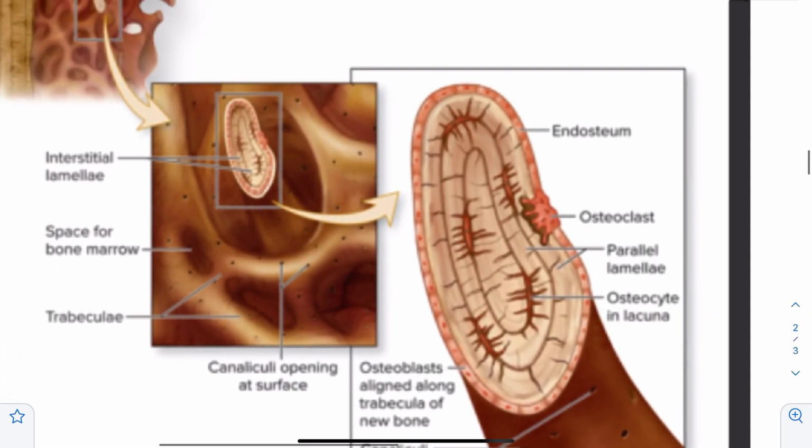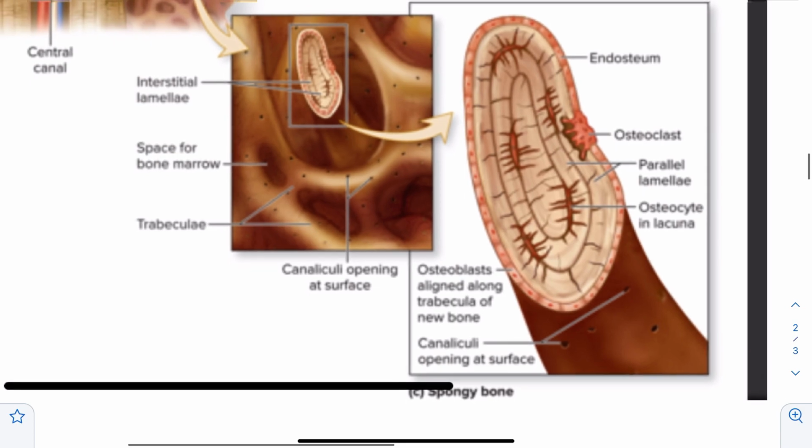And then for spongy bone, remember we have these trabeculae. Trabeculae do not have central canals. However, they do have osteocytes. They do have lacunae, because that's where the osteocytes live. And they do have canaliculi, which remember are those projections that the osteocytes send out. And they do have lamellae, which are the concentric rings.